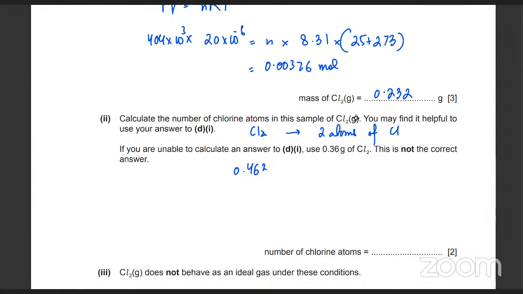Sorry, I doubled the wrong thing. I need to double these moles, which is 0.00326 multiplied by 2. That's 0.00652 moles.